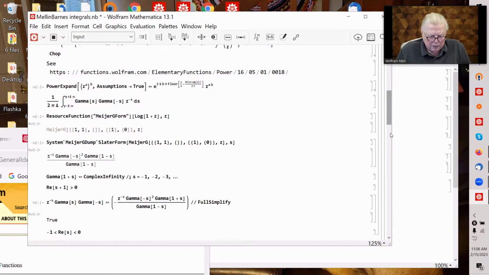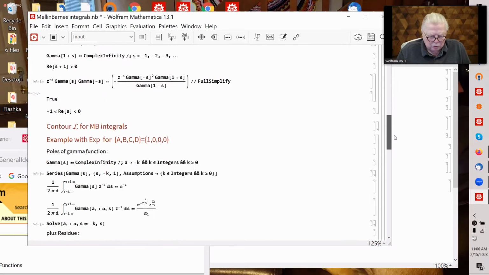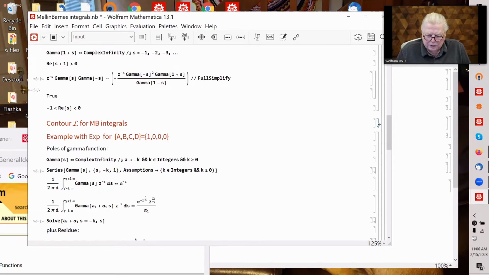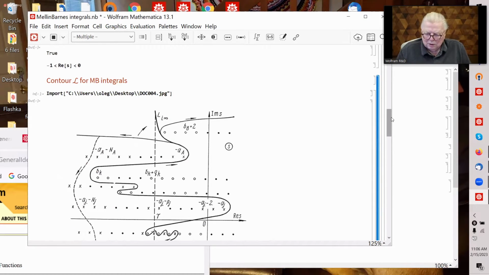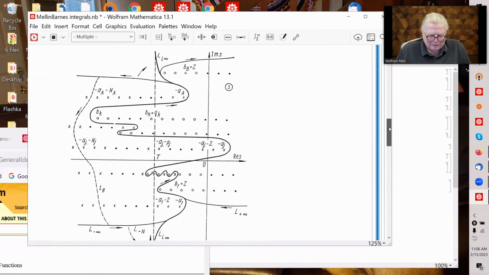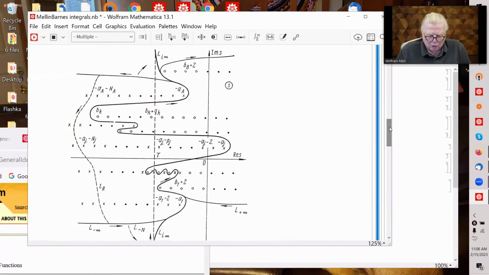Let me show a picture of this contour from my first book, published already 45 years ago in Russian, and now it is published in English.